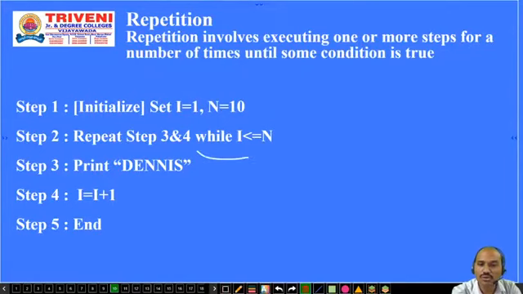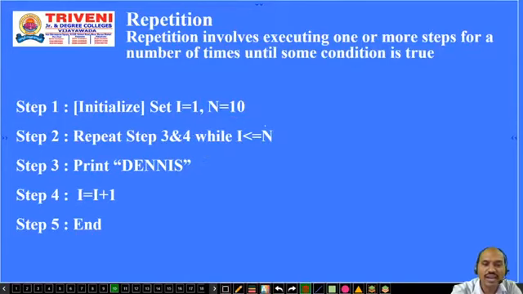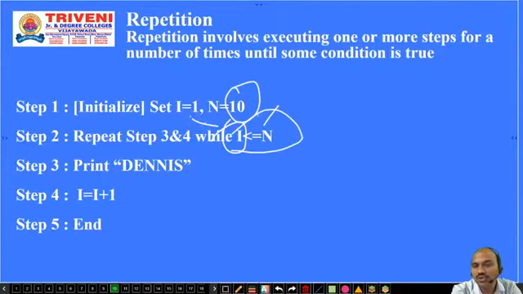Here, using the while, the condition is I less than equals to n. What is the value of n? n is 10, and what is the value of I? I is 1. So the condition executes continuously for n times, that is 10 times.